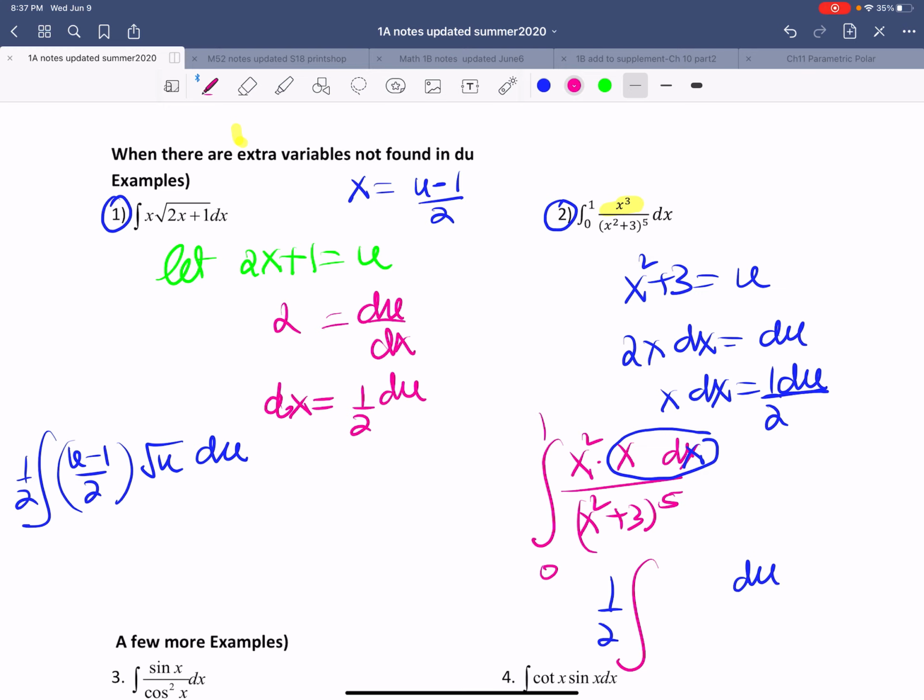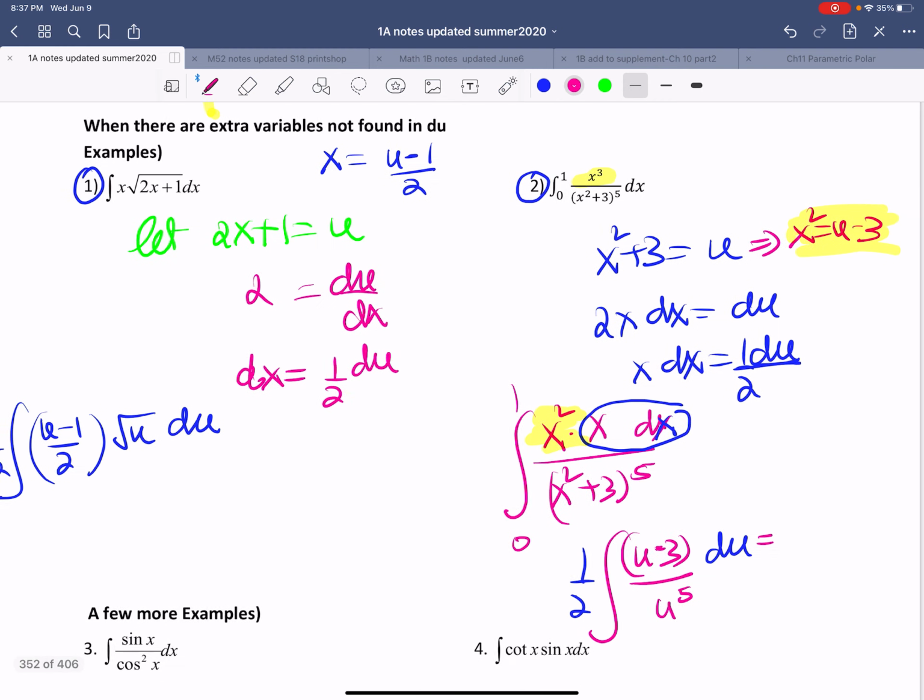And from here, I can say x squared is u minus 3. The denominator is u to the 5th power. At this point, it's really not a bad problem.